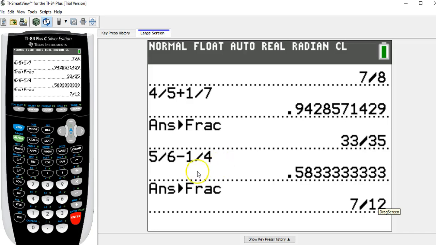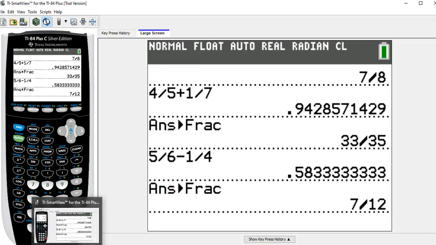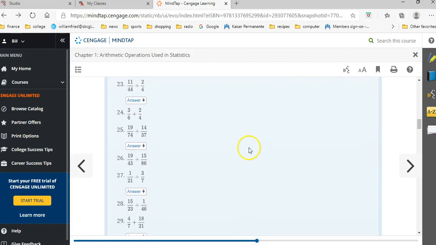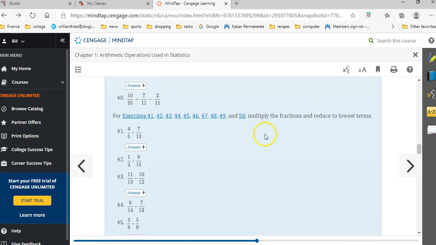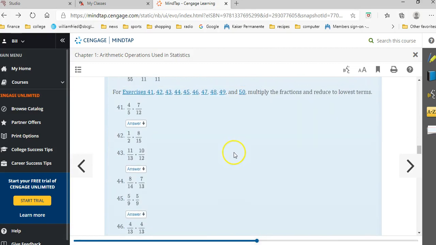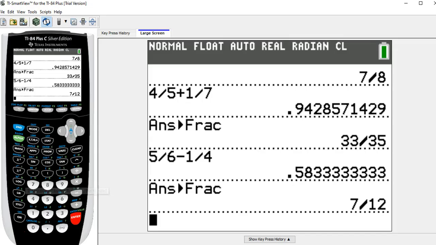We can also multiply and divide. Let me go back and take a couple of homework questions on this one. So back in the homework, we can multiply two fractions together and use that same answer ▶Frac to get lowest terms. Let's see, 8/14 times 7/13.